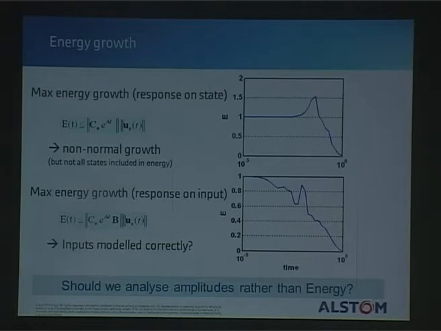So I said, okay, if I now really rely on my model and on the inputs that I have in the model, then I know that these inputs should be in this U, that is how I modeled the sources. Then it could only be a worst-case situation of how the sources are configured. But if I look at the norm of that, then there's no such non-normal growth, because I start at one and it decays off. You have this little thing there, but this is of course very, very restrictive.